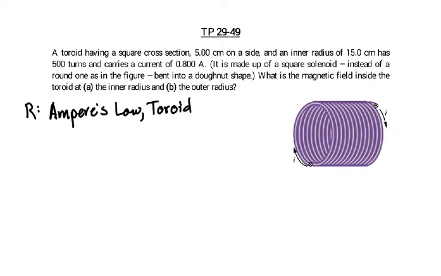But Ampere's law will take care of our actual task of calculating the magnetic field at the inner radius and the outside radius. And because we have a toroid, that will help us pick the correct magnetic field equation to solve for. Alright, so let's get to the draw step.